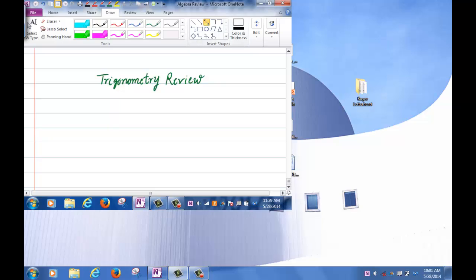A straight line means it's a straight path, and it extends to infinity in both directions.